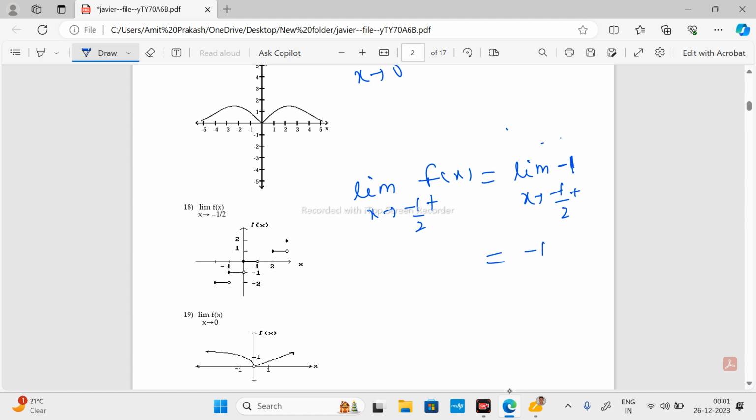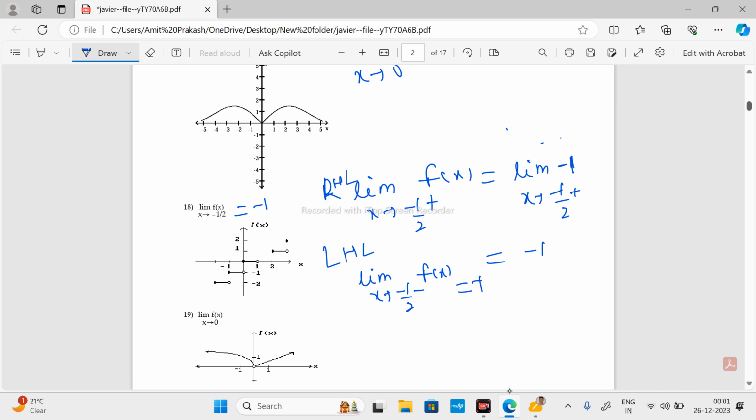Then to the left of minus 1 upon 2, this is also minus 1. So we have seen that LHL and RHL are equal at x tends to minus 1 upon 2, so the limit is minus 1.